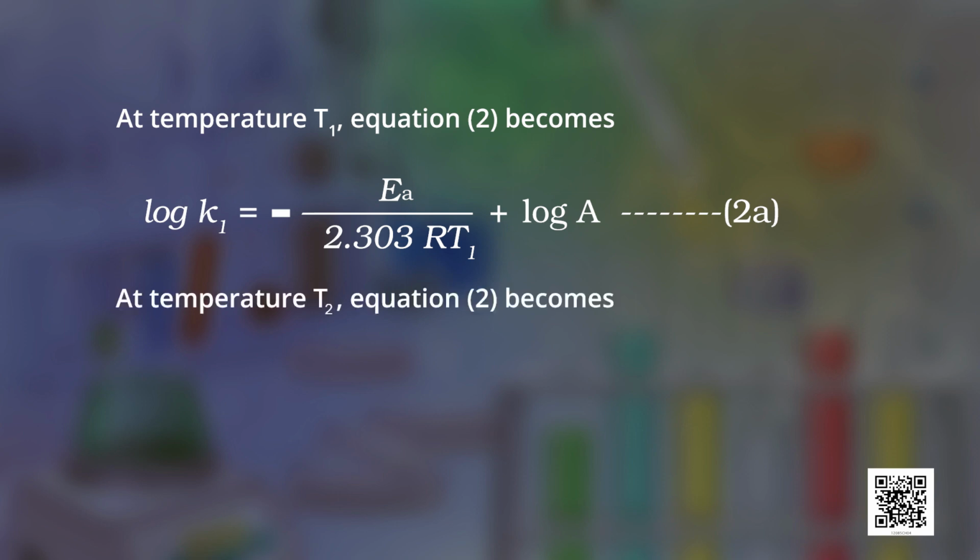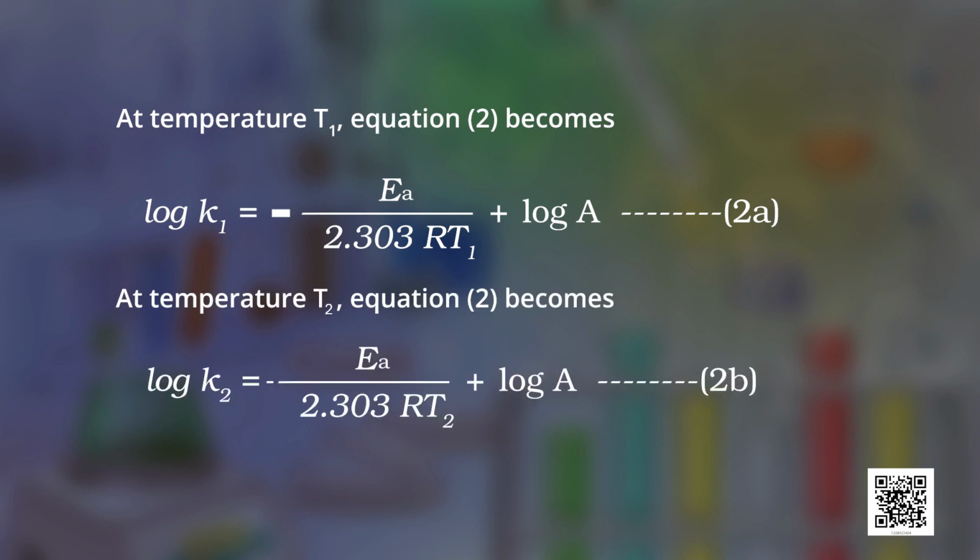And at temperature T2, equation 2 can be written as log K2 to the base 10 equals minus EA upon 2.303 multiplied by R multiplied by T2 plus log A to the base 10. Let these equations be 2A and 2B respectively.